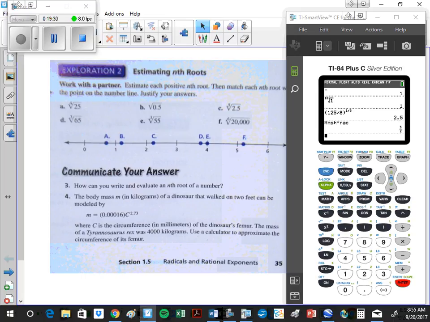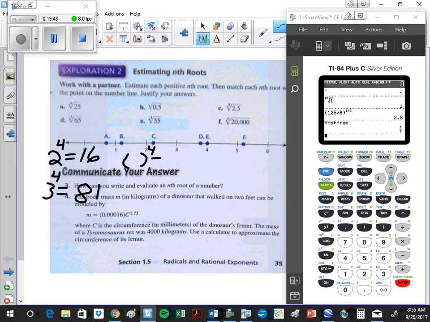So 2 to the 4th was 16, and 3 to the 4th was 81. What do you think the answer is going to be for the 4th root of 25? So let me write this down. What to the 4th is going to equal 25? Are we going to be closer to 2 or closer to 3? Why closer to 2?